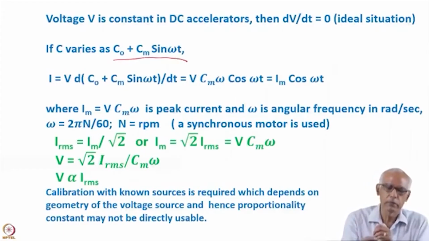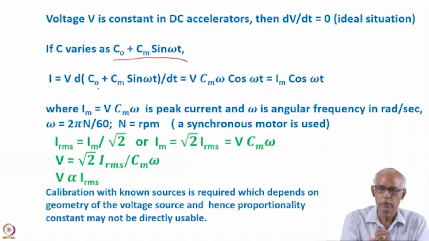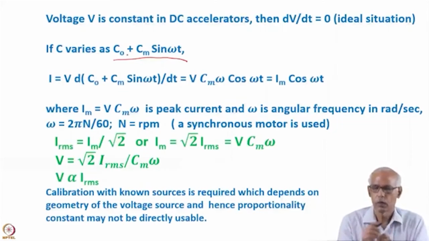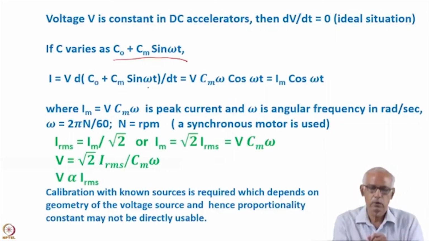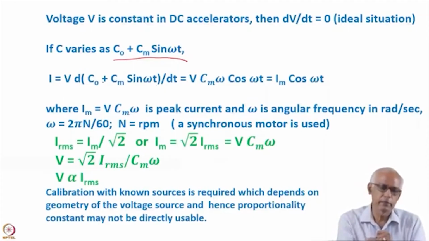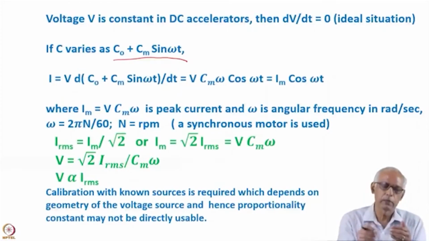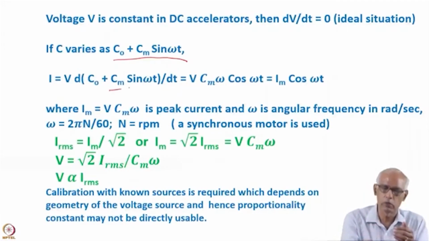If this is how the capacitance is varying, then the current is equal to V into d by dt of C naught plus Cm sin omega t. Cm is the peak value, and since C naught is constant, over and above it there is a variation, and that variation is shown by this.